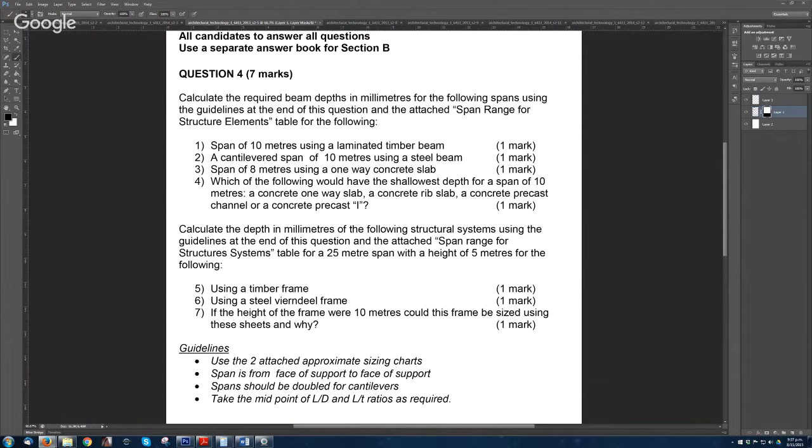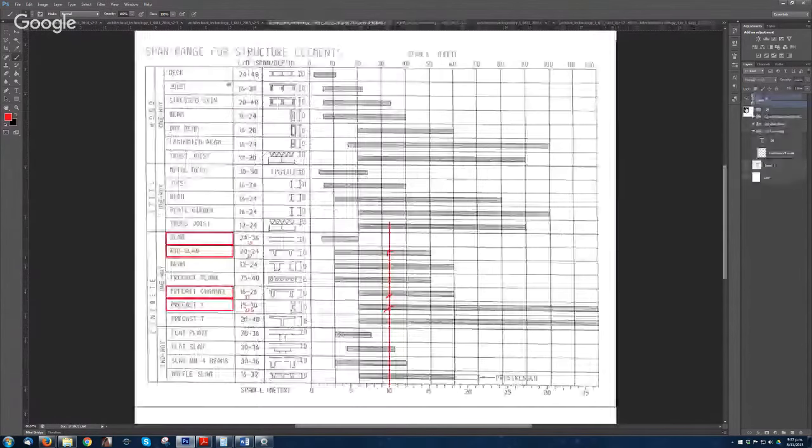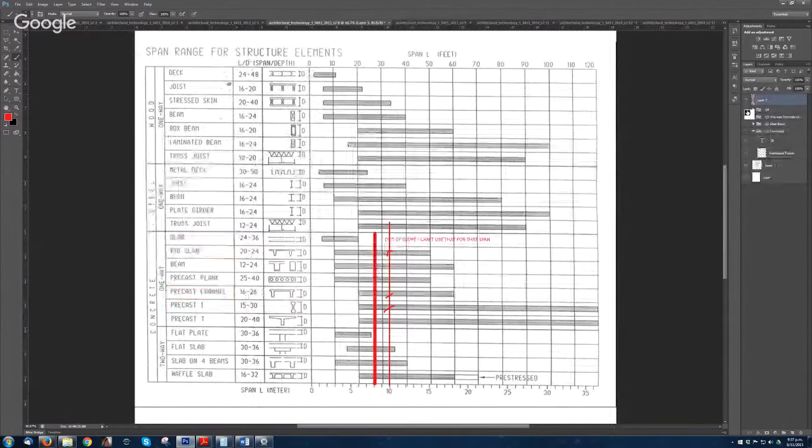Wouldn't it be one concrete slab? No. Wait, so you were talking about this one. So it's this one here, and I did draw this. It wouldn't be the one-way concrete slab, even though it's 30, because you can't use it since it doesn't span that long.